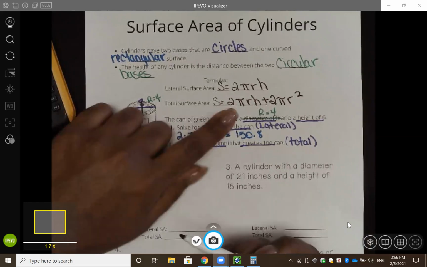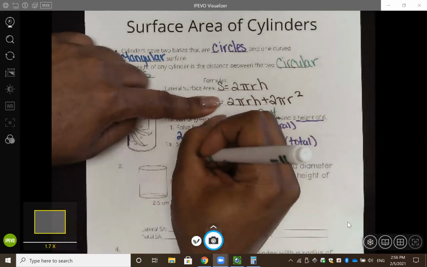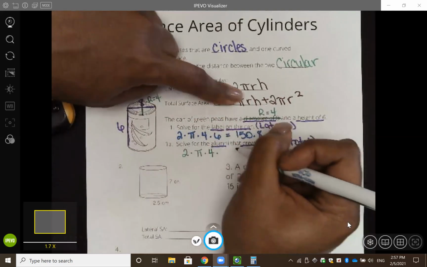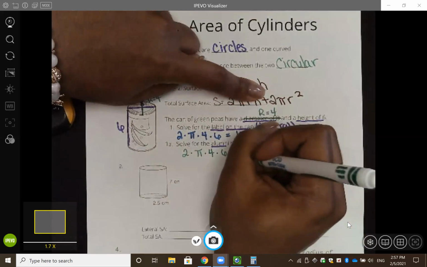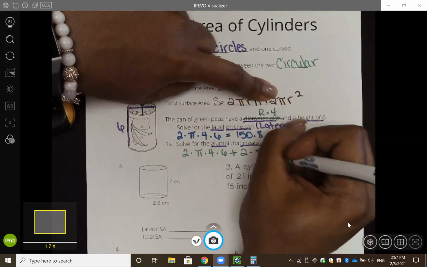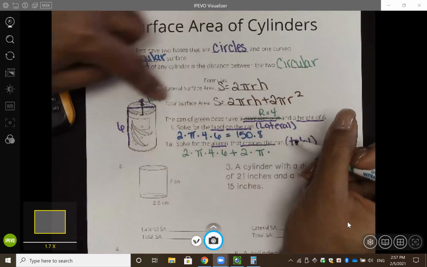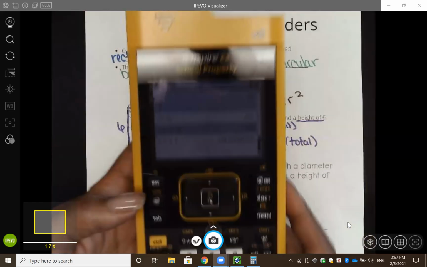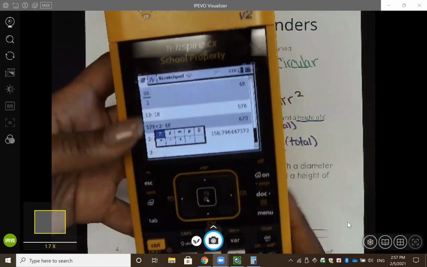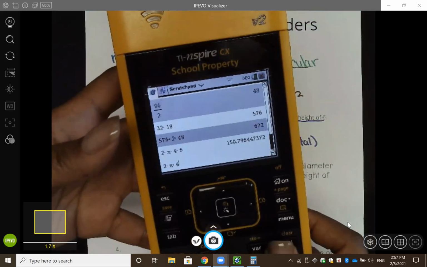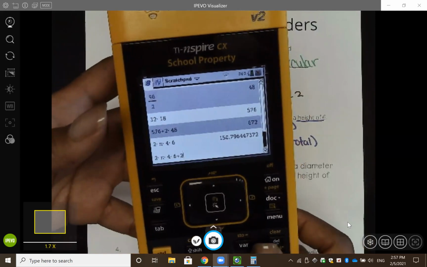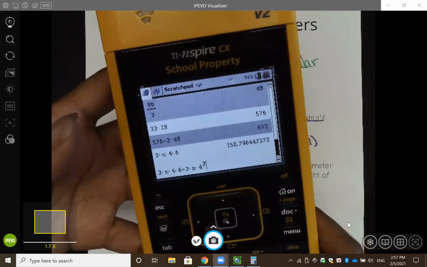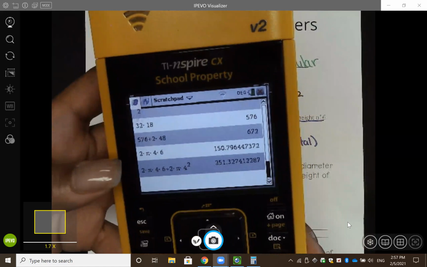Following the formula, I have 2 times pi times my radius, which is 4, times my height, which is 6, plus 2 times pi times my radius, which is 4 squared. So 2 times pi times 4 times 6 plus 2 times pi times 4 squared. And I got 251.3.